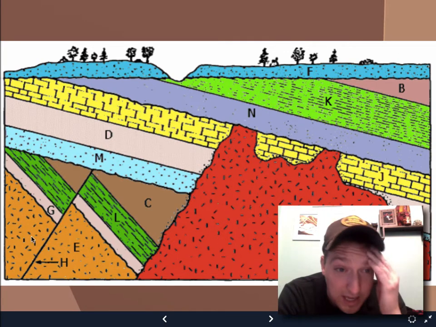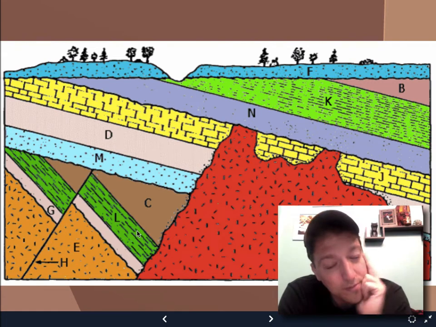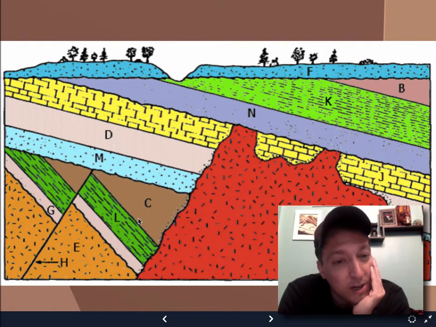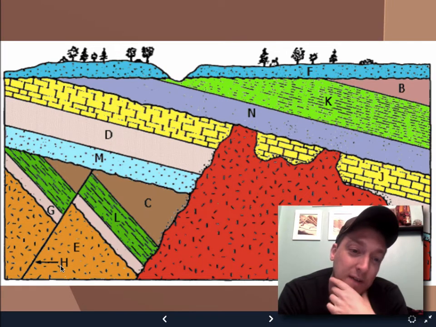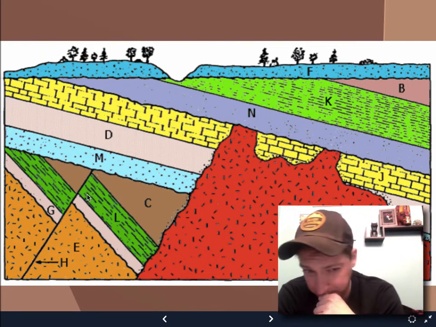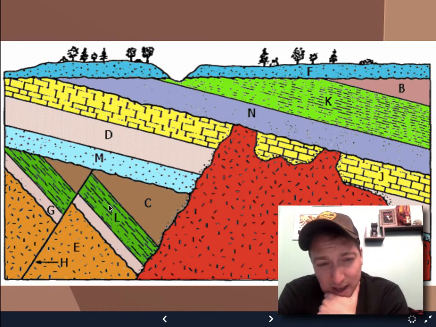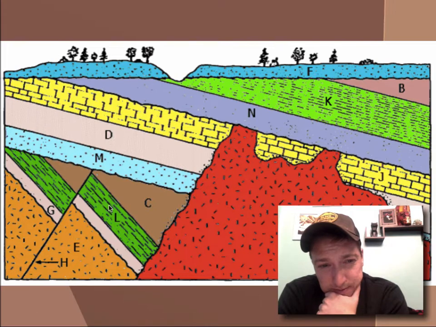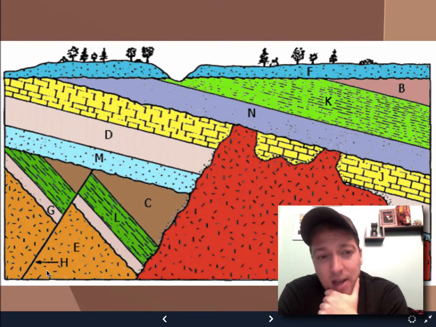Then it gets tricky again. We know that C, L, G, and E go in that order, but we also have to think of H, which is a fault or crack in the rock. And if you think about it, H cracked after all four of these formed.